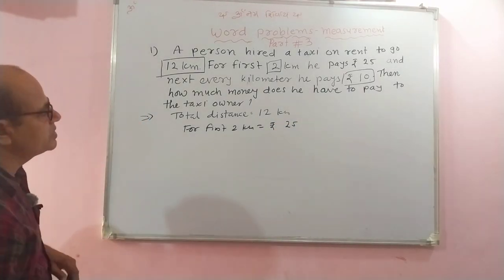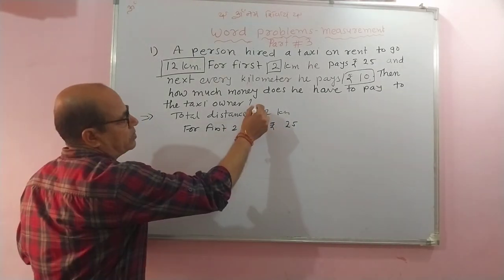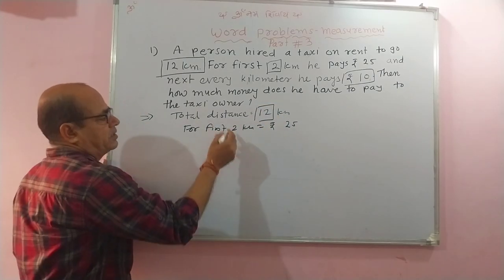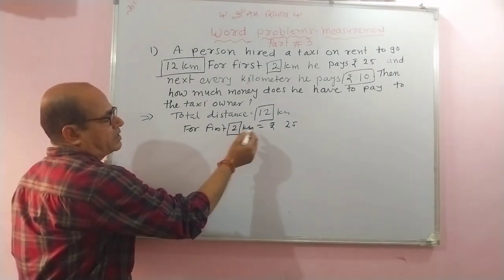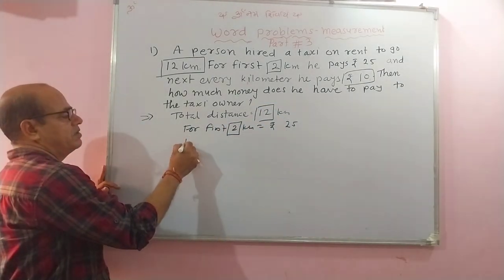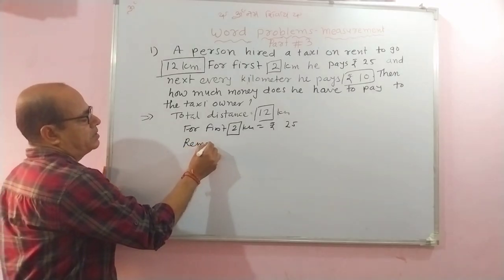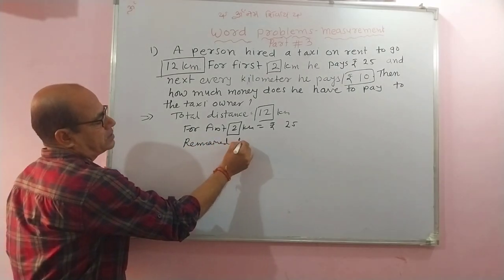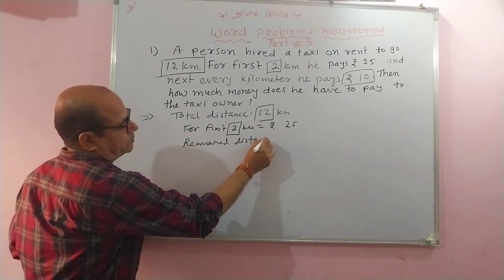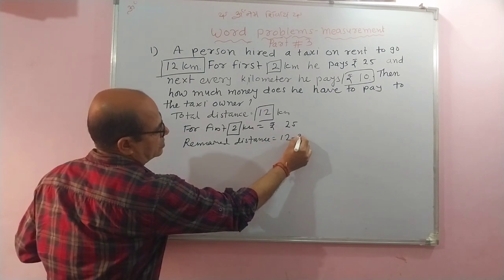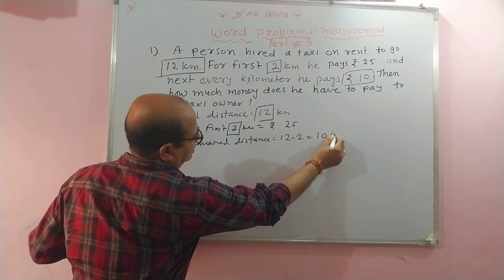Now how much distance remains? The remaining distance is 12 minus 2, which is equal to 10 kilometers.